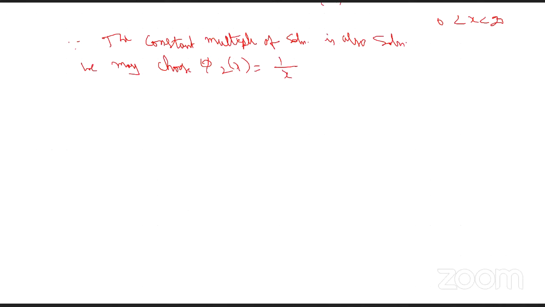So x square and 1 by x. Here x square, the given solution, and 1 by x are two linearly independent solutions, LI meaning linearly independent, of the given equation 1.